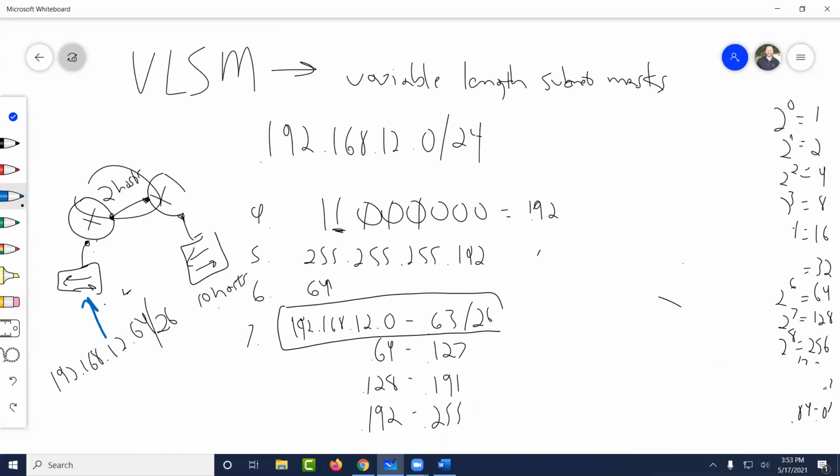Then we would have taken the .0 and borrowed another /27 now. So we made this 0 to 31, 32 to 63. Still too big because it's got 5 on it, so it's still 30.